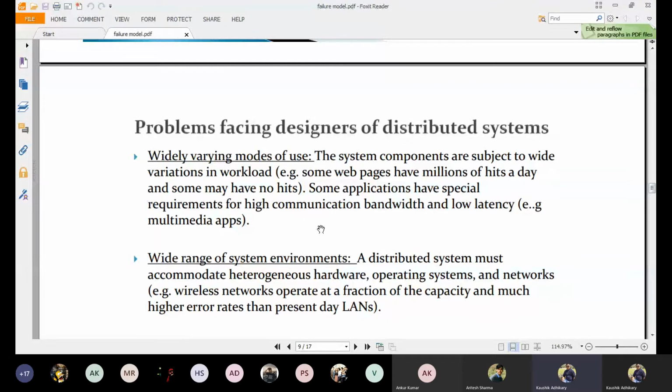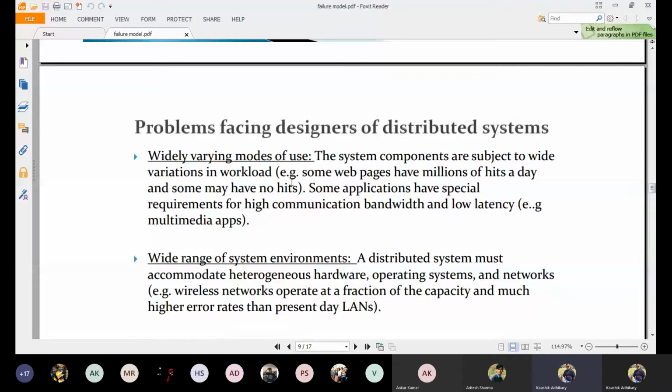The system components are subject to wide variation in workload. For example, some web pages have millions of hits a day and some may not have any hits. There are some web pages that no visitor wants to visit, but there are many web pages that have millions of visitors. Some applications have special requirements for high communication bandwidth and low latency.